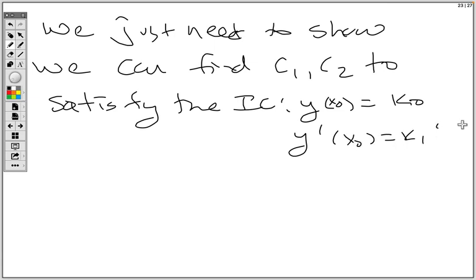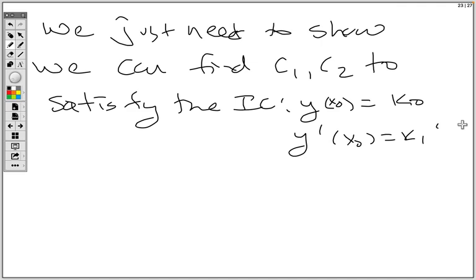Once we do that, we're done, because then we found a C1 and C2 that satisfies the initial conditions. By the existence and uniqueness theorem, that's it. That's the definite article, the only one. That's the only solution. Okay?